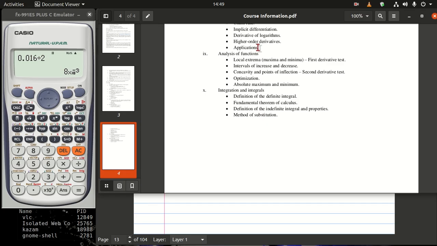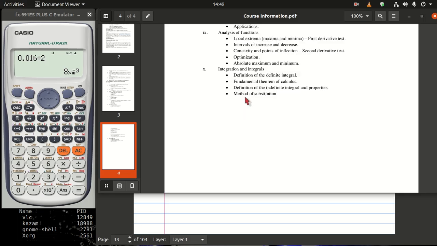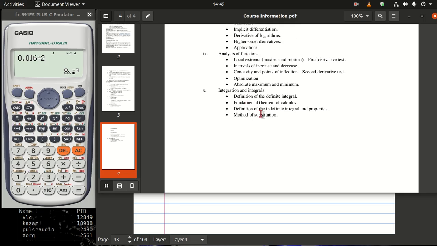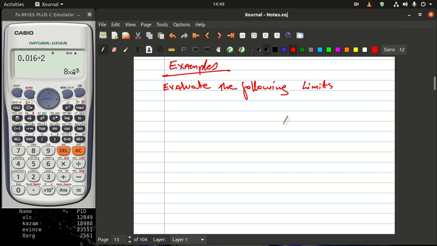After that, we look at local extrema, maxima and minima, and then we go all the way. We want to make sure that we cover these things before your test 2, so that you will have enough information about some of the topics that you will be seeing in your test 2. So I'm just finalizing here, and then we'll go there. So that's where L'Hopital's rule is.